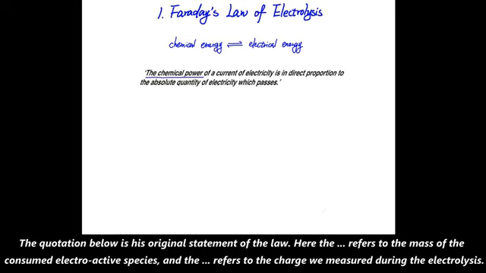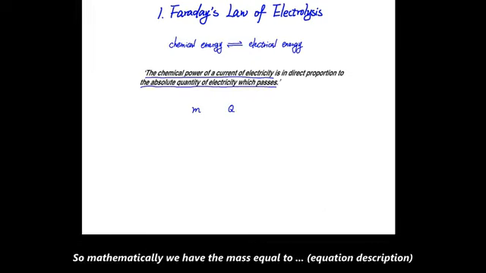Here, the chemical power of a current of electricity refers to the mass of the consumed electroactive species, and the absolute quantity of electricity which passes means the charge we measured during the electrolysis. Mathematically, the mass equals the molar mass of the electroactive species divided by the product of the charge number of the species and the Faraday constant.